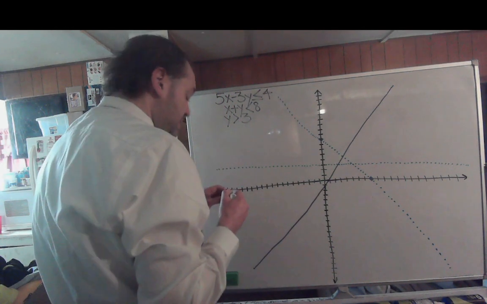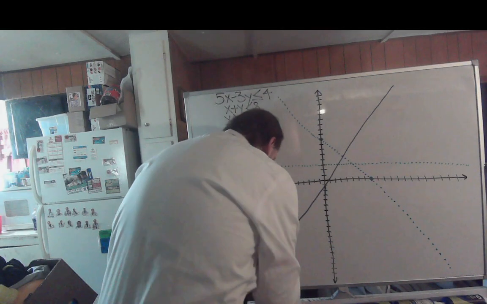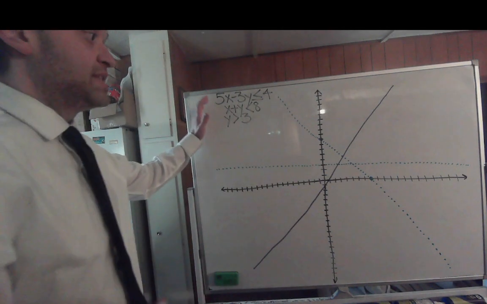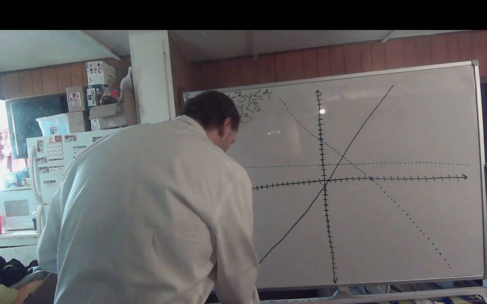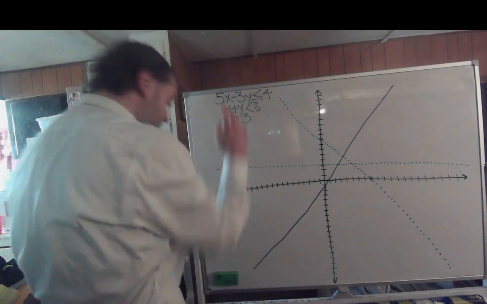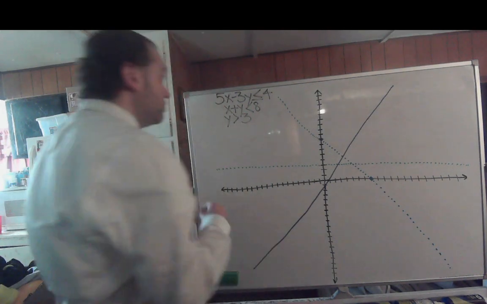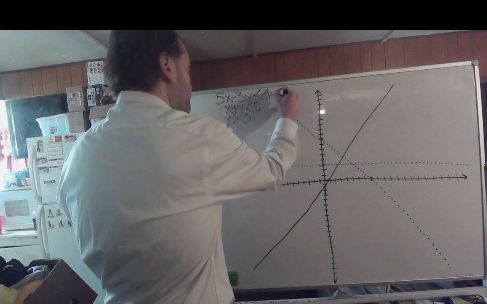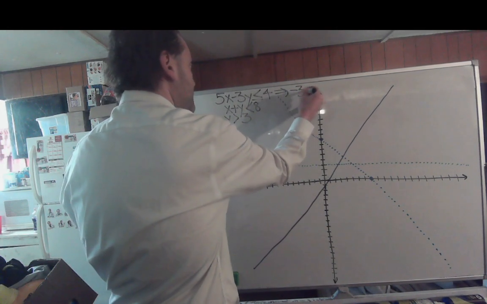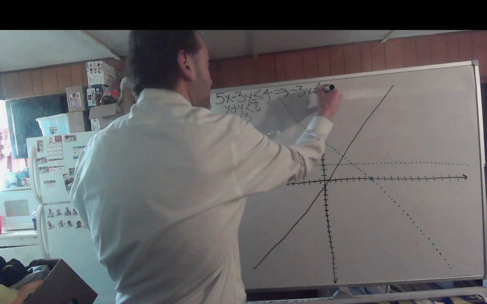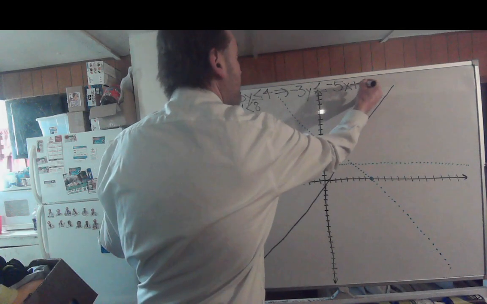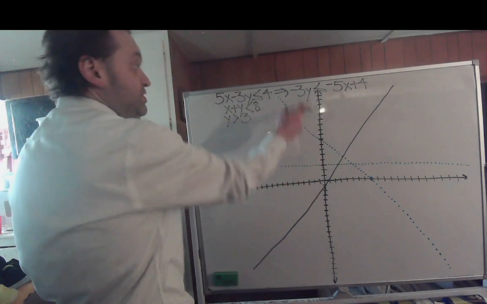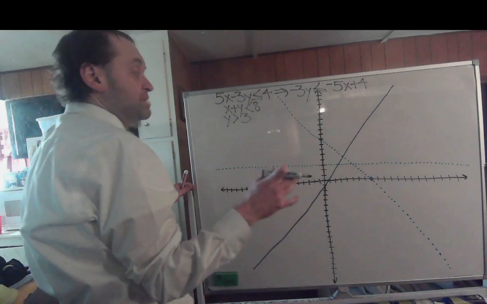All right, now we need to shade the region that meets all of the criteria. Well, first, let's convert all these to slope-intercept form. To convert the first equation, this would turn into negative 3y is less than or equal to negative 5x plus 4, which when you solve for y, you'll divide both sides by negative 3.